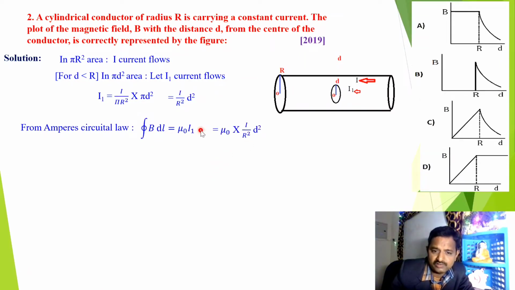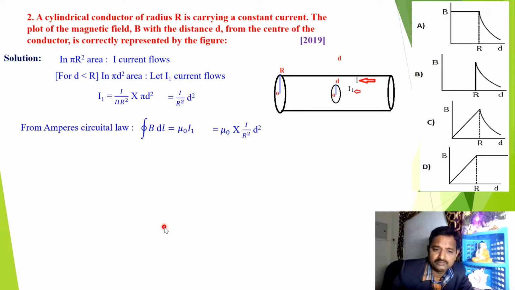Instead of I1 I substituted I by r square into d square. Now integral B dl: B is constant here, so integral dl means L, and in the place of L we will write the circumference of this small circle, that is 2 pi d.